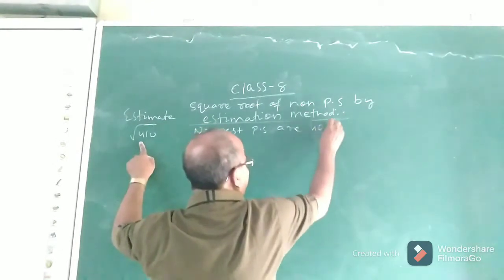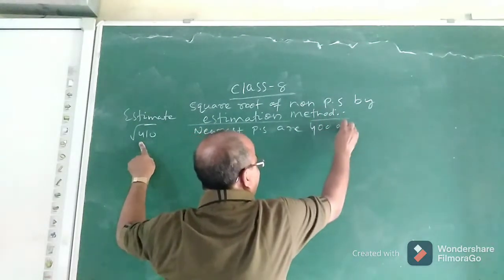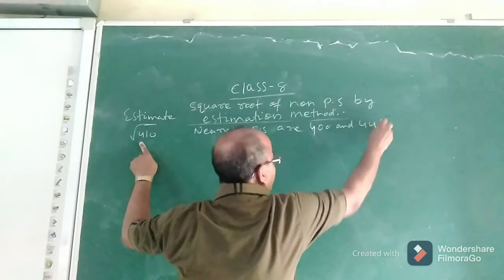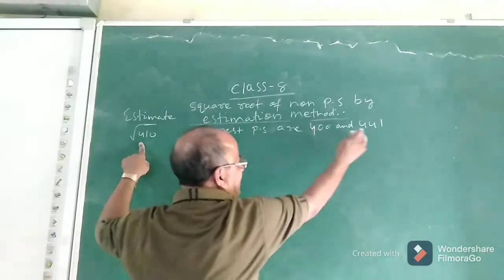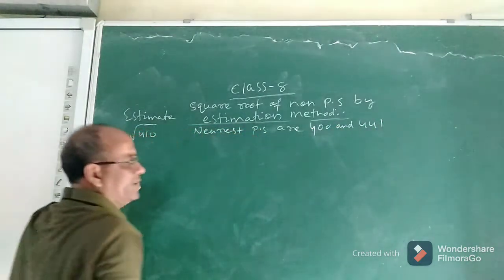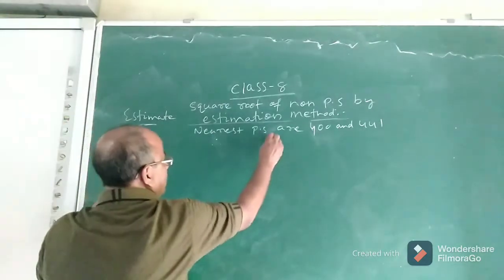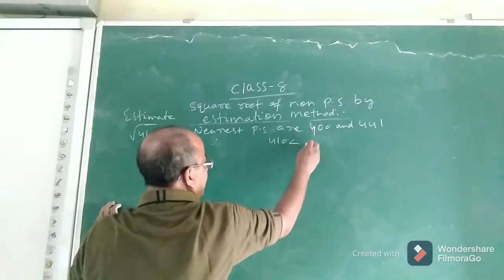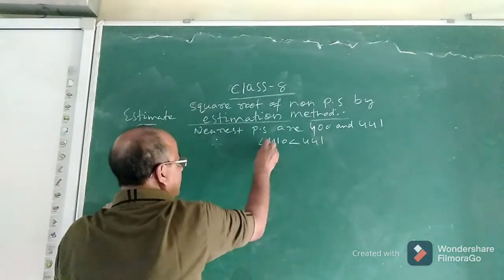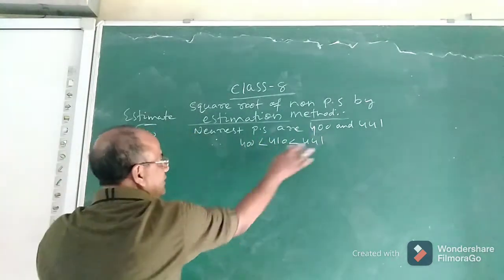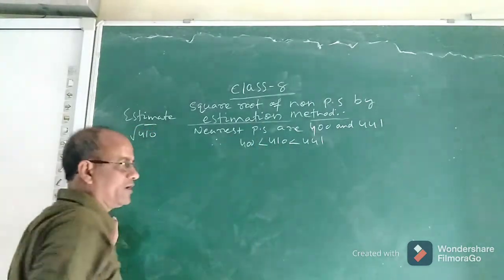It will be 400 and 441, because 400 is the square of 20 and 441 is the square of 21. Therefore, 410 lies between 400 and 441. These are the nearest perfect squares of 410.